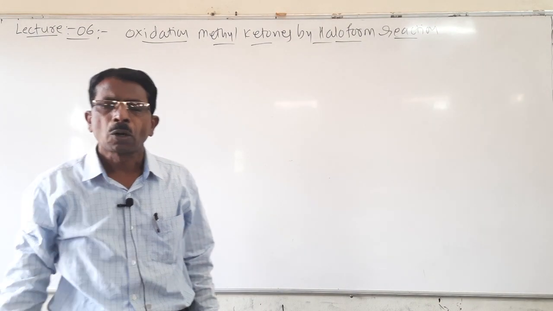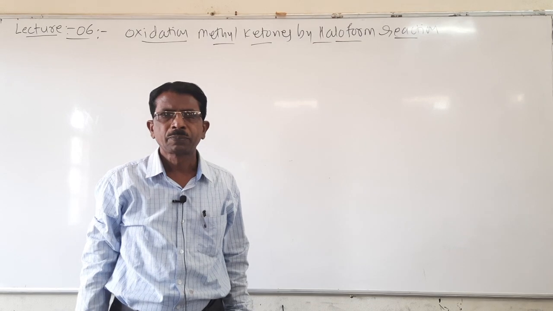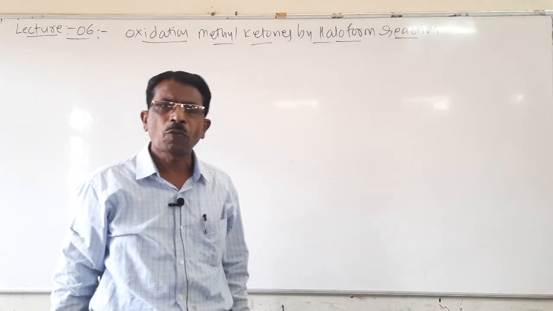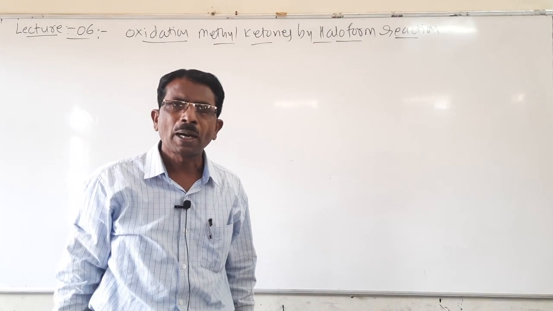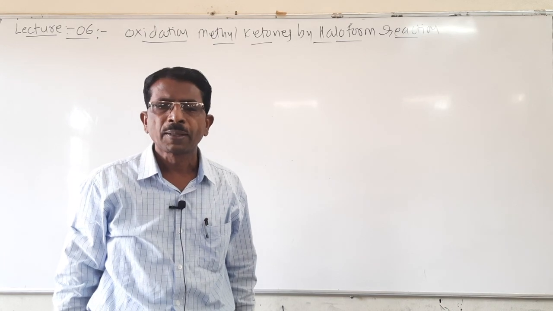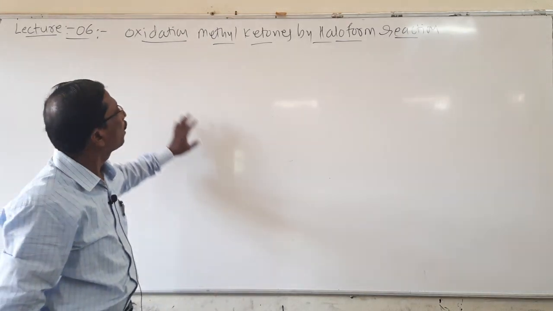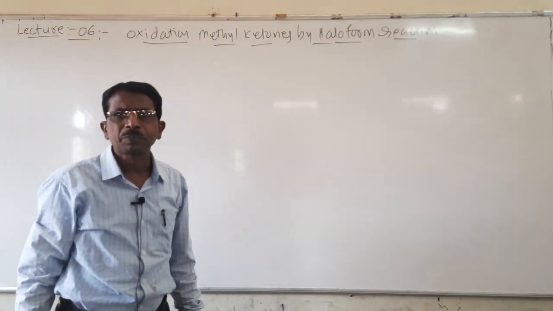Look here students, what is a haloform? It may be chloroform, iodoform, or bromoform. So here, how does the oxidation of a methyl ketone take place?